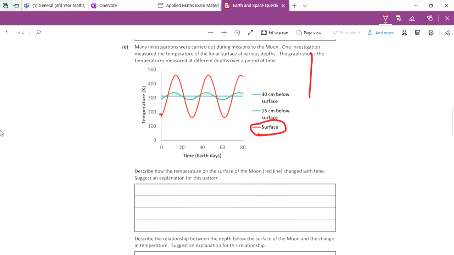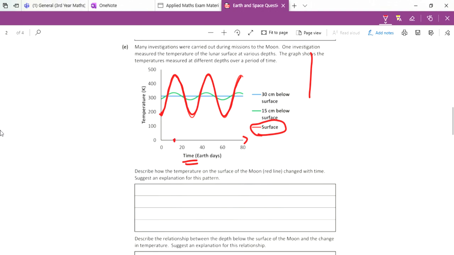And what we can see is the temperature starts here, but as time goes on our x-axis we have time. So as time goes on, the temperature gets bigger and bigger, and then it starts to go down again, lower and lower. So obviously the temperature is getting bigger and smaller every day, or every couple of days, or every 5 days, depending on what way you read this.